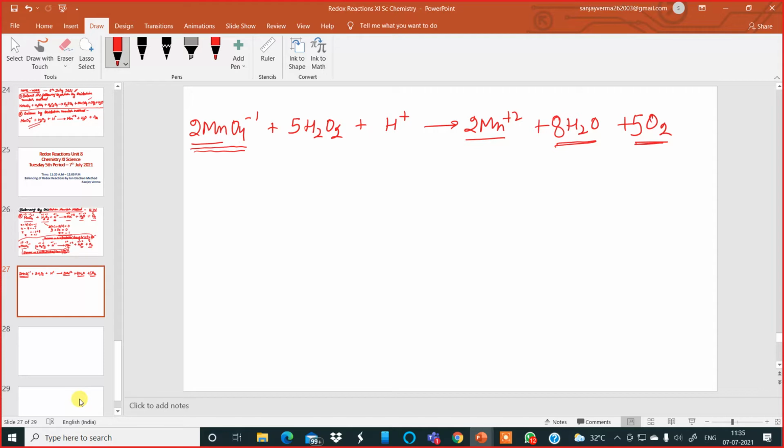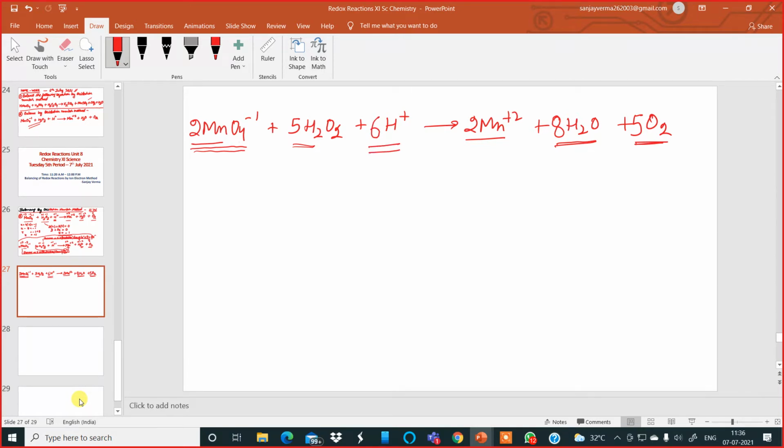Now look at hydrogen. Hydrogen is 8 twos are 16. It is 16 this side. So over here hydrogen is 5 twos are 10, no? So I will put over here 6 hydrogen.